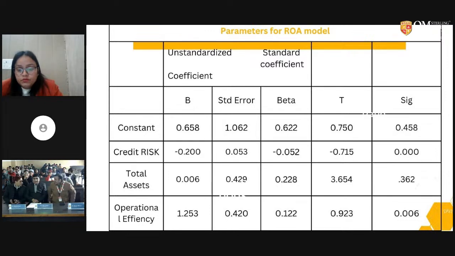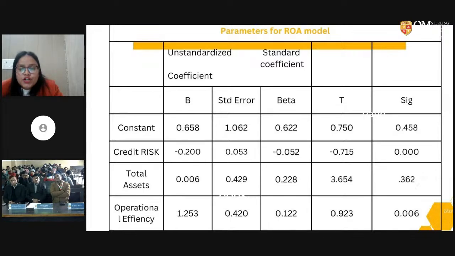Okay. So if this value is less than 0.05, you can say that this particular independent variable is having a significant effect on the dependent variable. So out of these three variables that I have included, these two variables are significantly affecting the ROA, or return on asset, of a particular bank.